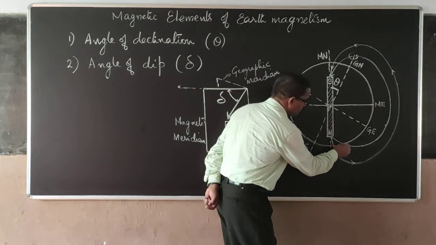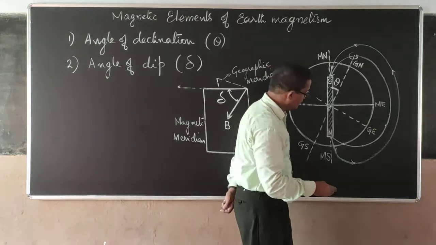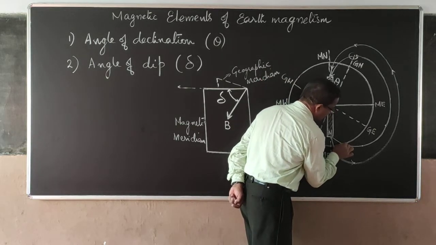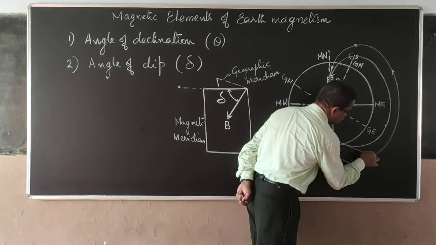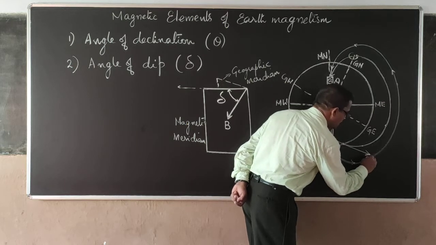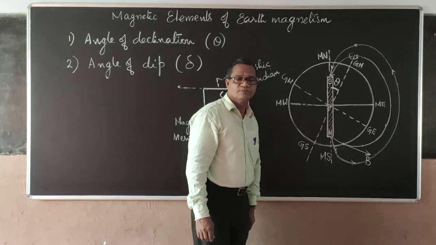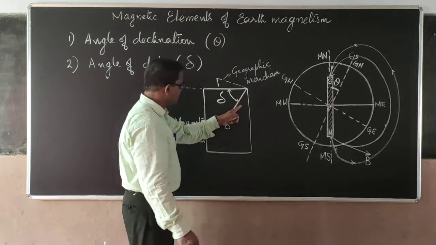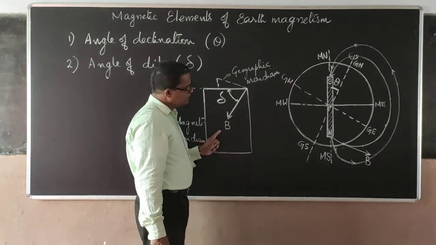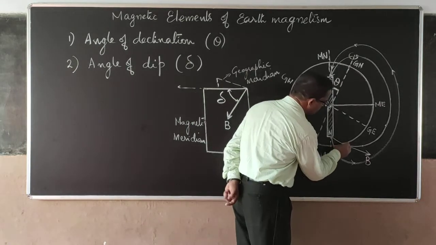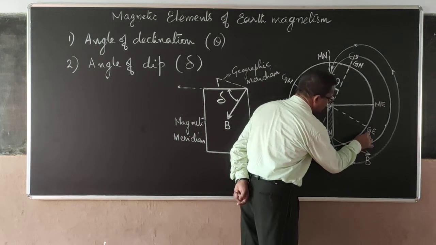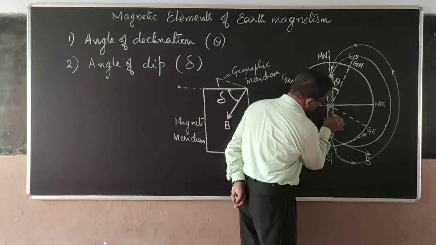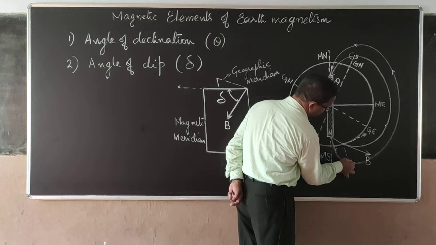So if I assume the place over here, the magnetic field will be directed along this way at this particular point, and let that be B. Then this B can be resolved into two components, one along the horizontal and another along the vertical.